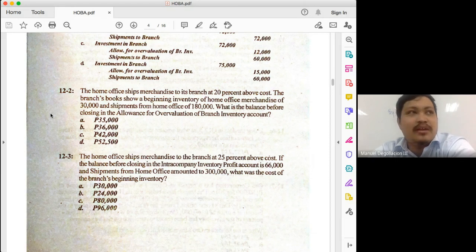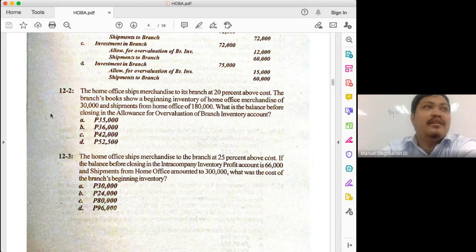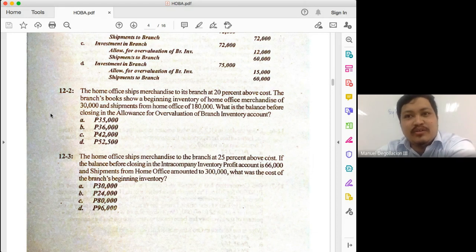Multiply it by 125%. Or simply add the 66. 264 times 1.25 will give you how much? 330,000. So that would be the tigas of the branch.